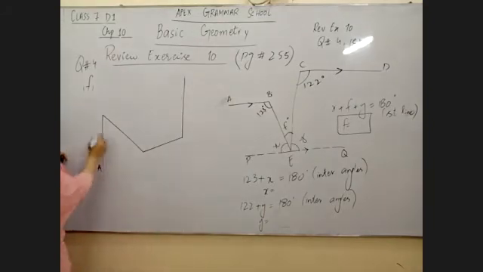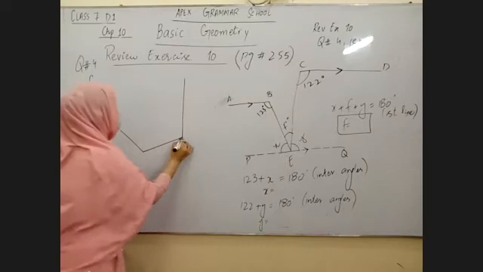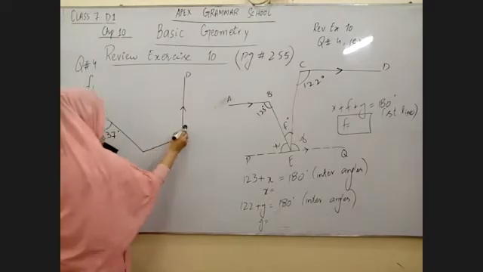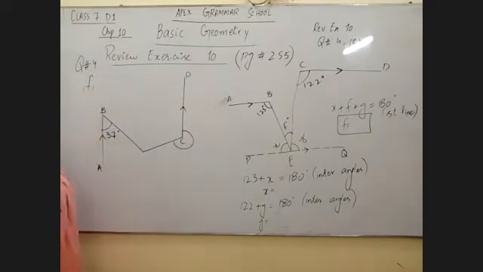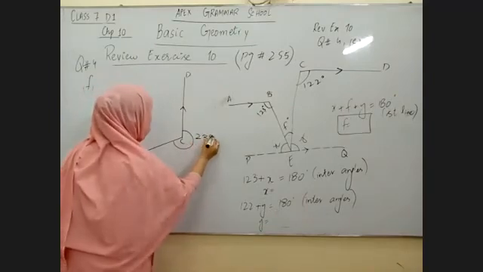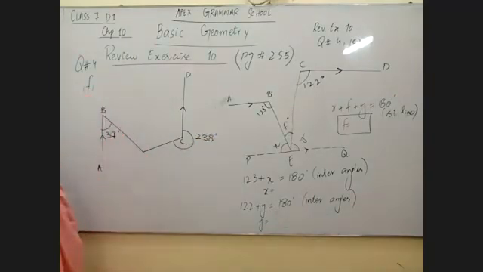So the points are A, B, C, D. Obviously these two lines are parallel to each other. The angles are 37 degrees and 238 degrees. You need to find out the value of this 5G.